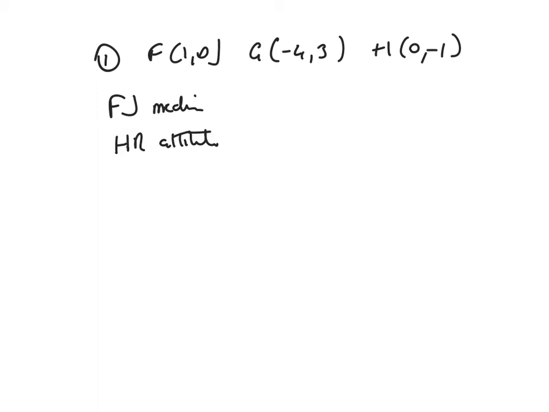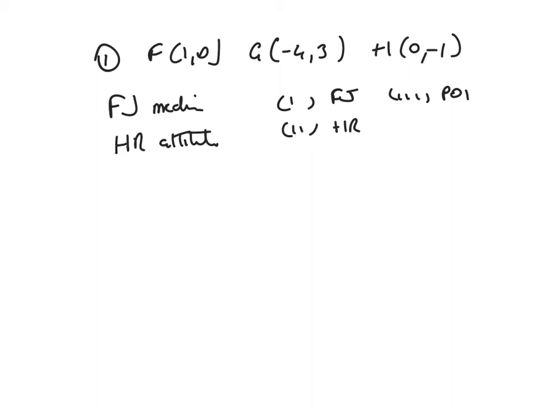The question then asks us to, first of all, find the equation of the median FJ. Second of all, the altitude HR. And third of all, the point of intersection between those two straight lines.